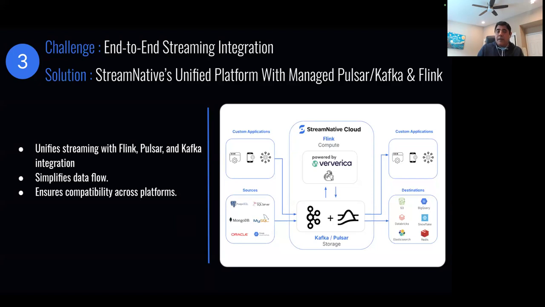So with StreamNative, collaborating closely with Ververica, this is one thing we wanted to ensure in the way we offer this experience to our customers. We want to be very clear that yes, we are powering our Flink engine from Ververica, and that gives customers the confidence that they're leveraging somebody who created and knows Flink best.